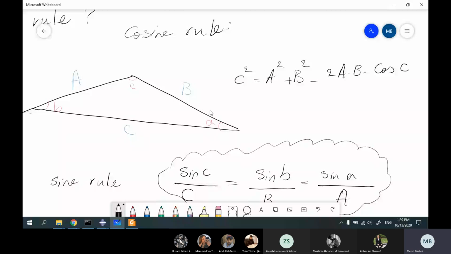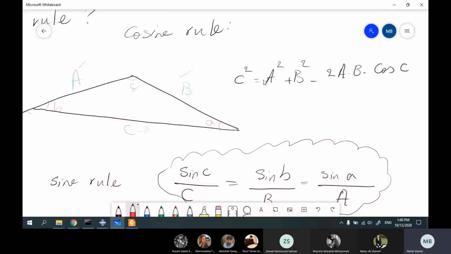So if I'm looking for this edge, and I have this one and this one, these parameters are known, but this one is unknown. I can use the cosine rule. How does it work?